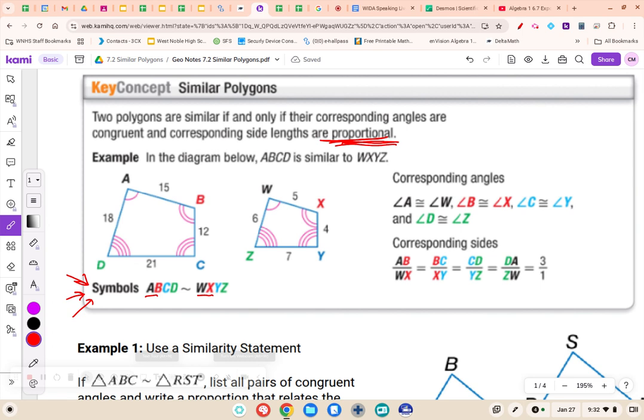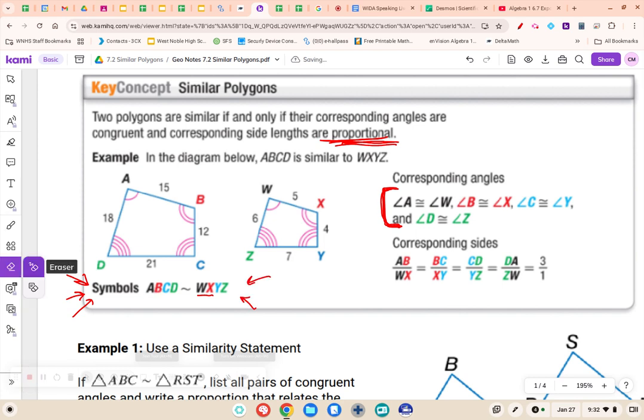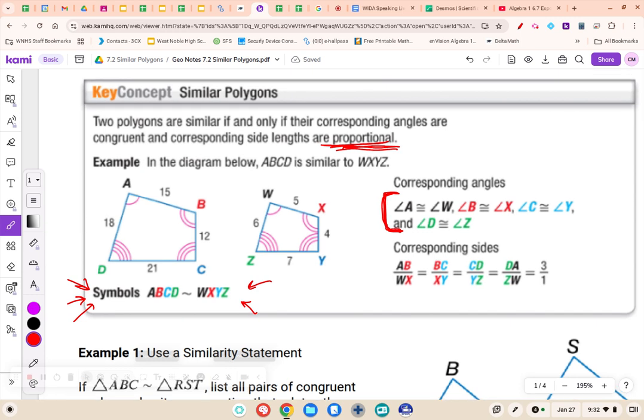If you look over here on the right side, these are the corresponding congruent angles, just as I was talking about with our similarity statement. And then we also have our proportional sides. So AB over WX is proportional. AB, that segment, is 15 units. WX is 5 units, so that reduces to 3 over 1.